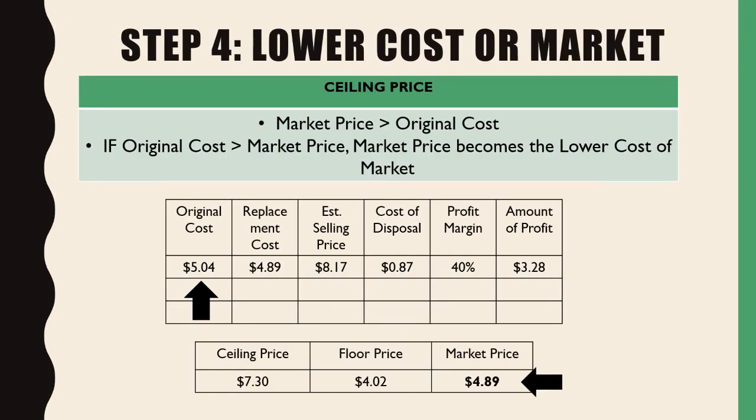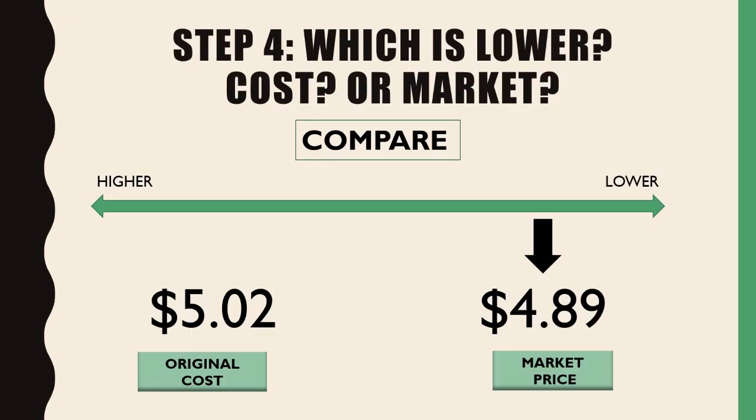And then once you have that, the last thing that you need to solve for is to answer the question: what is lower, your original cost or your market price? So in this case, you've got to put it again on a number line. What's more expensive, your original cost of $5.02 or your market price of $4.89?